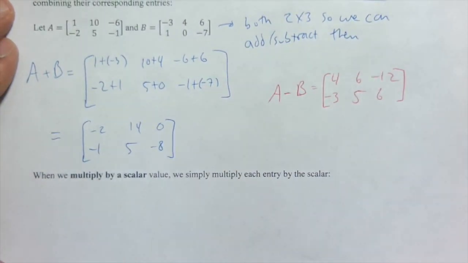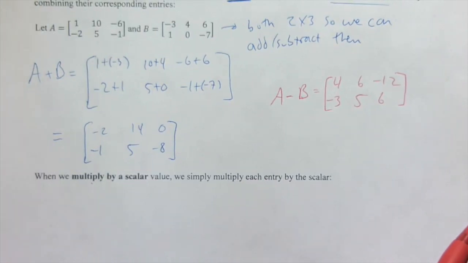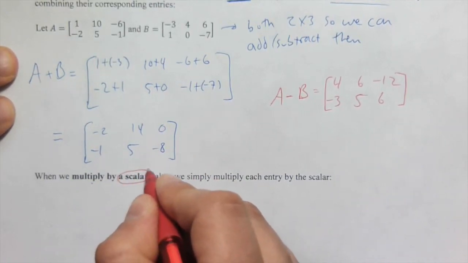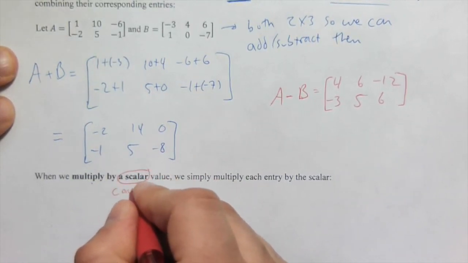Similar to vectors, adding or multiplying by a scalar is also very easy with matrices. When you multiply by a scalar, you just multiply every entry by the scalar, the exact same as you do with a vector. So, as a quick reminder here, scalar just means it's a constant.